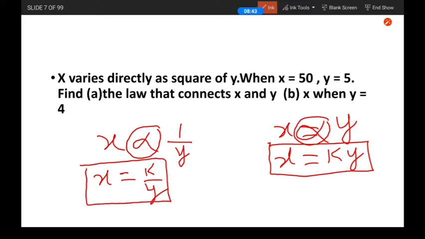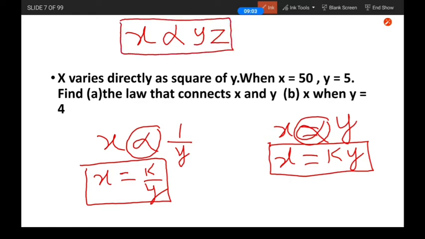Now, talking about joint variation, it could be 2 direct or more, or 1 direct and 1 inverse, or the case may be. For example, I can say x varies directly as a product of y and z. Anytime you have more than 2 variables, this is now joint. For us to remove that sign, that becomes x equals what?